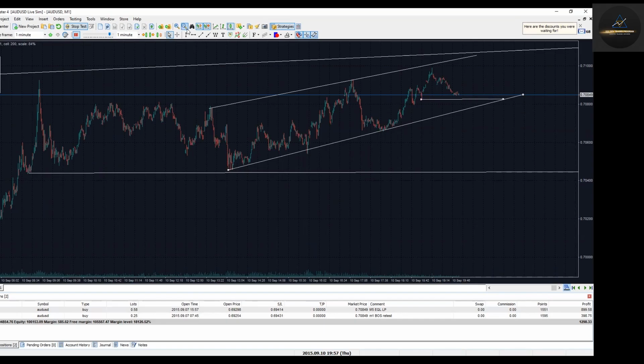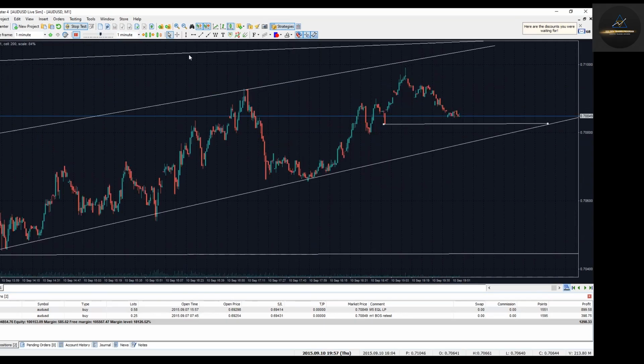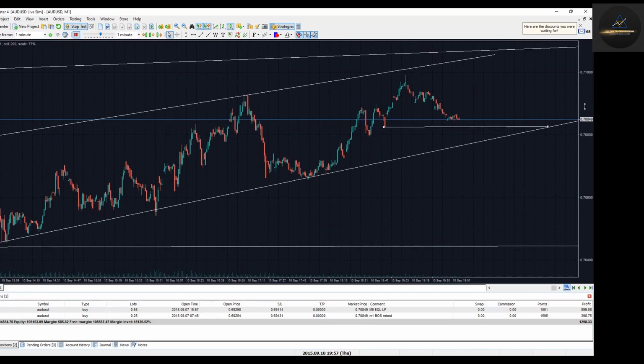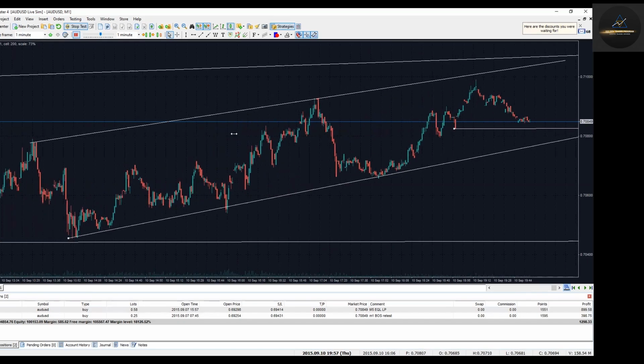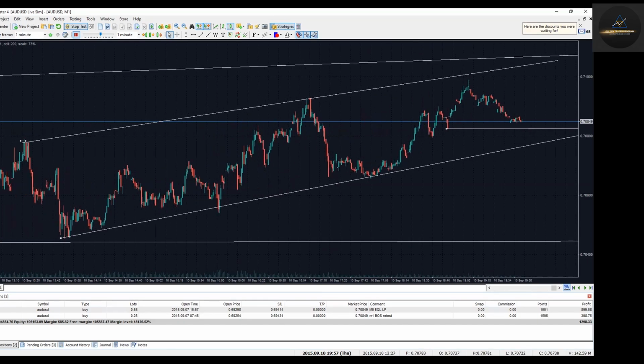Okay. So now I'm going to slow it down. And I'm on the M1 because I'm in sniper mode. I don't like the fact that it hasn't tapped the top of this pattern. Let's just do this properly. Well, hold on. It might.